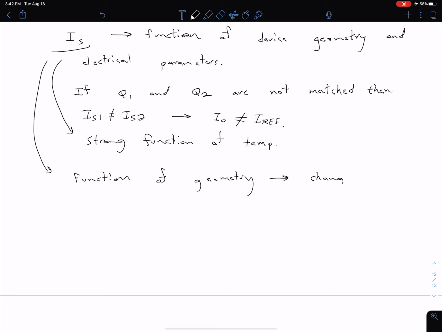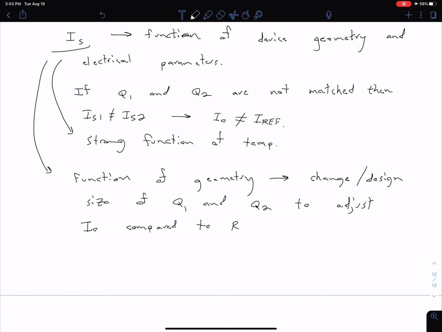So we can design the size of Q1 and Q2 to adjust our output current compared to our reference current. Basically this becomes a unique design tool. We have more flexibility because we're not stuck always having our reference current be the same as our output current.